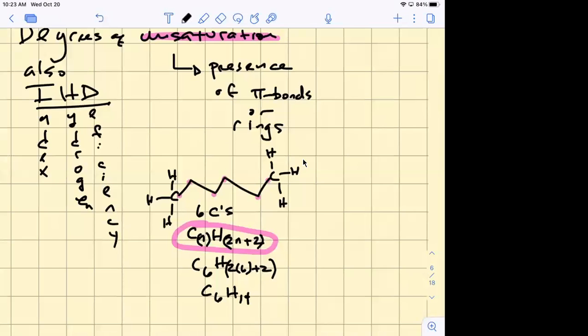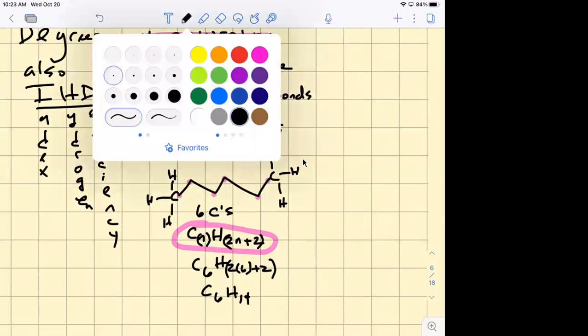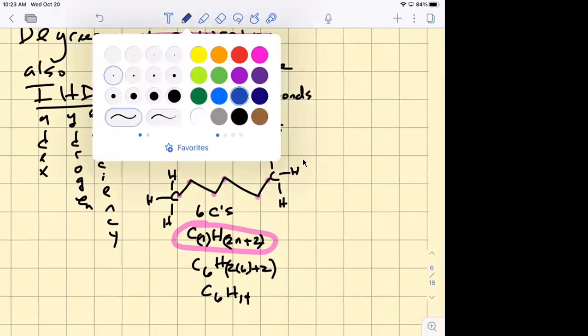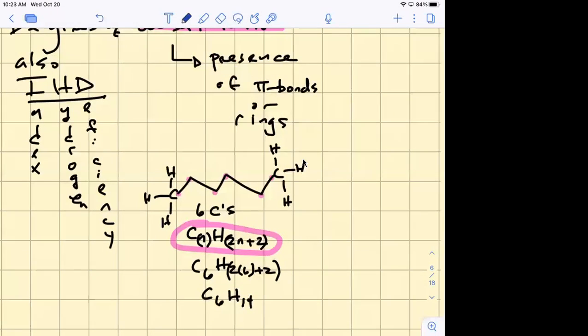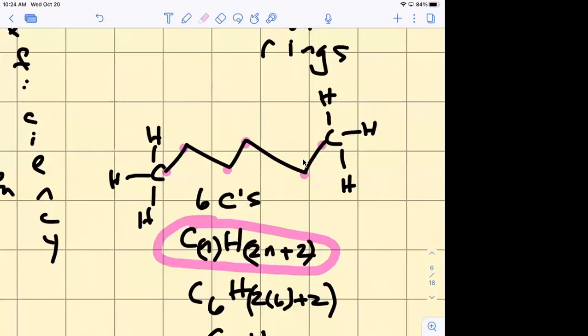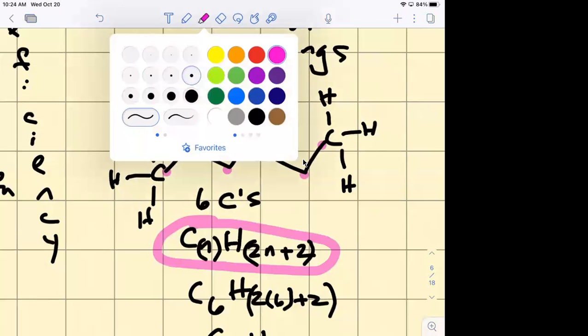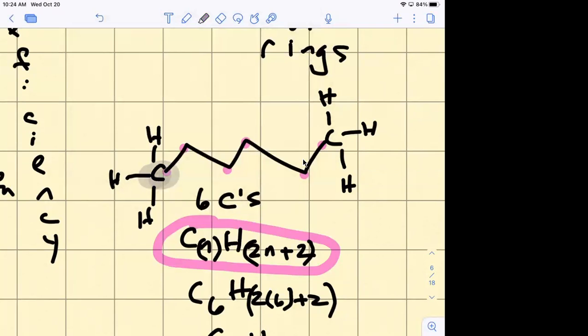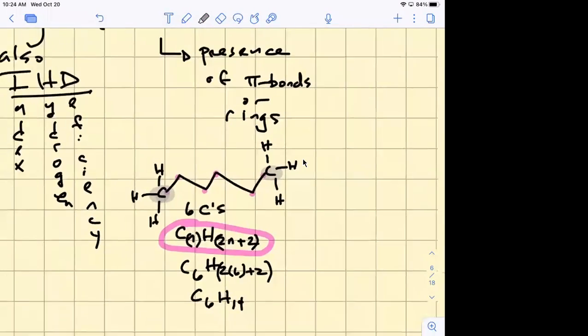What will happen if I wanted to close this chain up and make it into a ring? I want to take this carbon right here and make it into a 6-member ring. So let's take this carbon, put them together. What would I have to do to each one of those carbons?